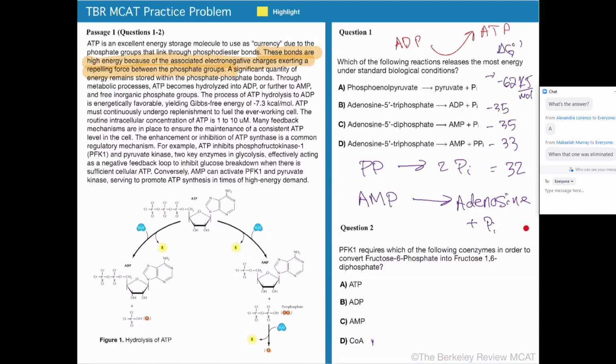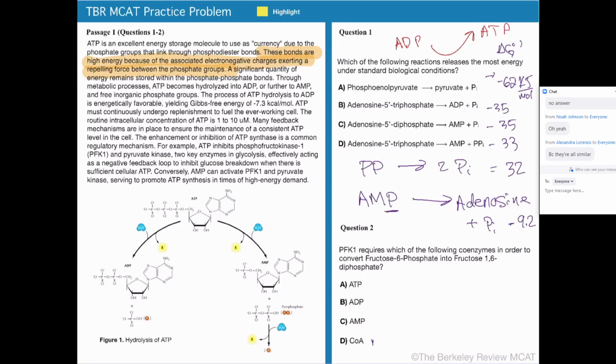Well, technically bigger. It would be less negative. Less negative. So it would actually be, I think, around negative 9.2. And that's because this phosphate is by itself, so it's actually a little bit more stable.